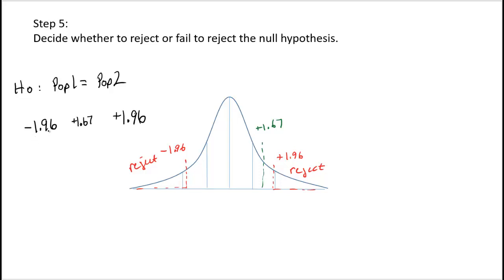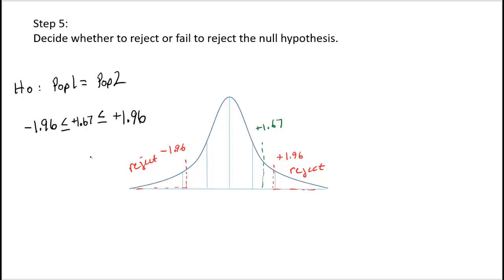I want to know, because this is a null hypothesis, if this score of 1.67 is between negative 1.96 and positive 1.96. If so, I can agree with the null hypothesis.